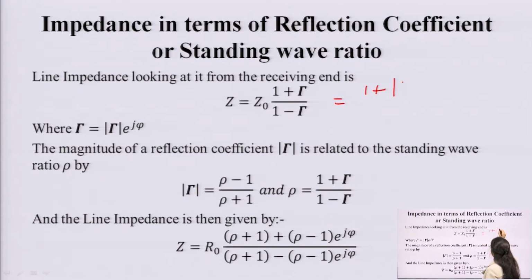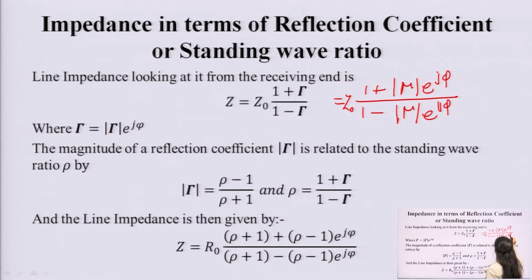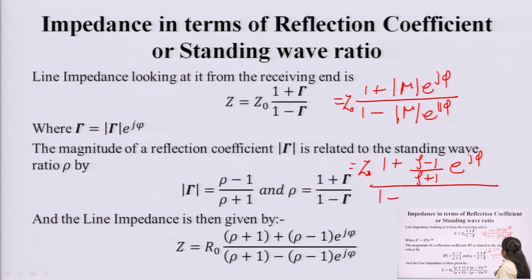So, when we replace the values, what do we get? 1 plus mod of tau e to the power j phi upon 1 minus mod of tau e to the power j phi. Now we will replace this mod of tau with this expression. So, this will be Z naught into 1 plus rho minus 1 upon rho plus 1 e to the power j phi, divided by 1 minus again mod of tau, rho minus 1 upon rho plus 1 e to the power j phi.